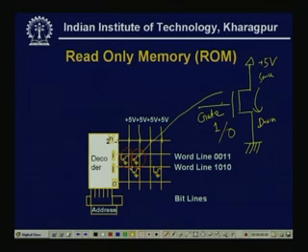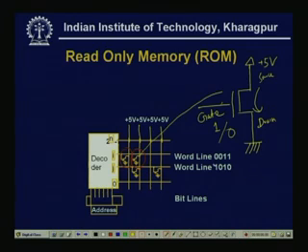So, see, if now 1 is applied to this line, then actually this transistor is on, and we get a 0. Again here we get a 0, otherwise it will be a direct 1 on the line.